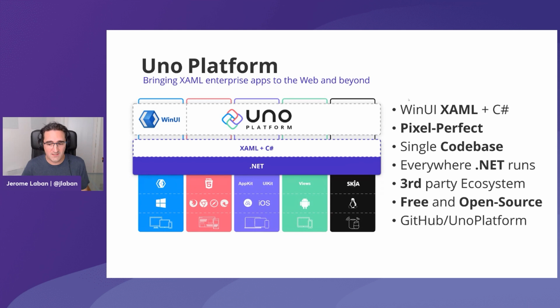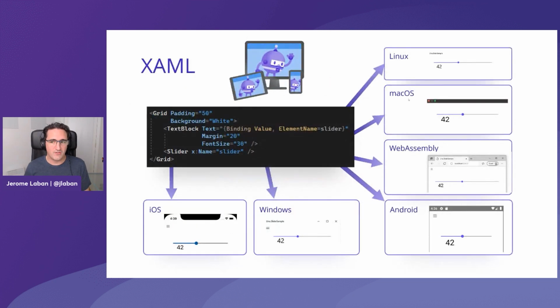And of course, Linux. We also support Linux using the Skia rendering backend that allows us to run using your Raspberry Pi or running on your Linux machine using either a Next server or a frame buffer rendering if you want to. So the way we do this is basically you take your XAML that looks like most of the XAML that are available, like the one that comes from UWP, WPF, Silverlight, or many others.